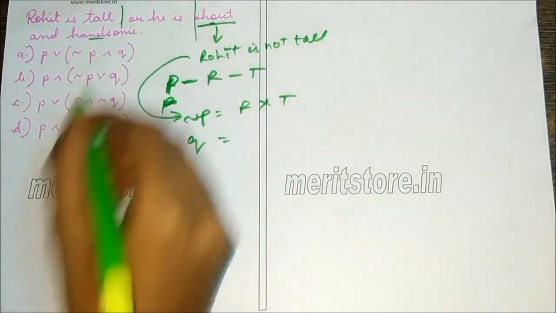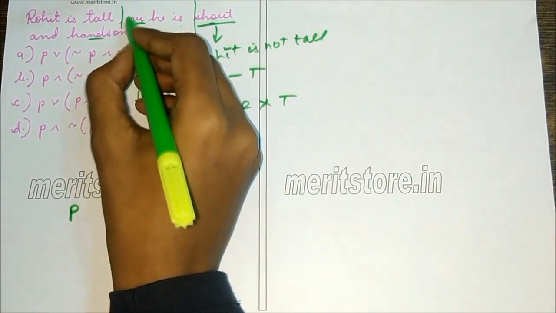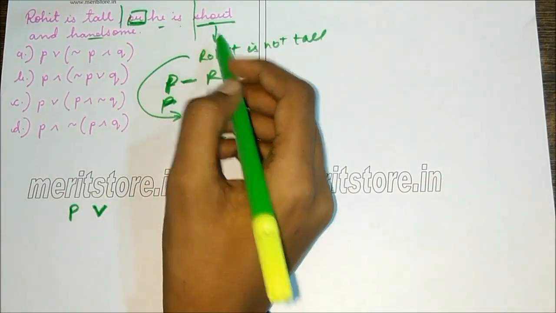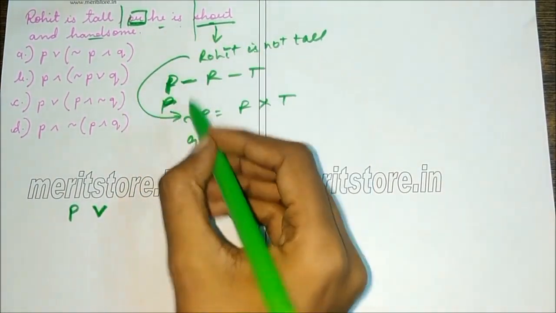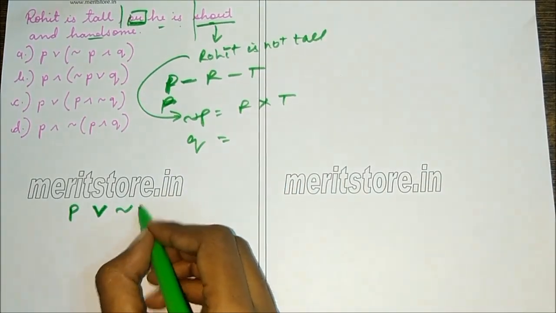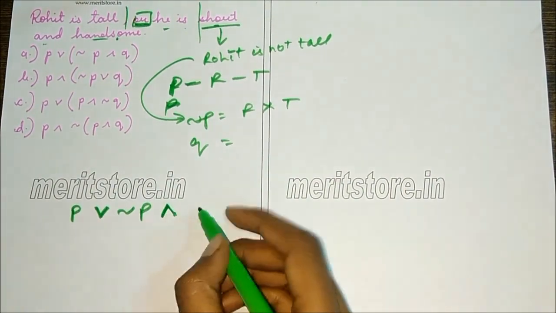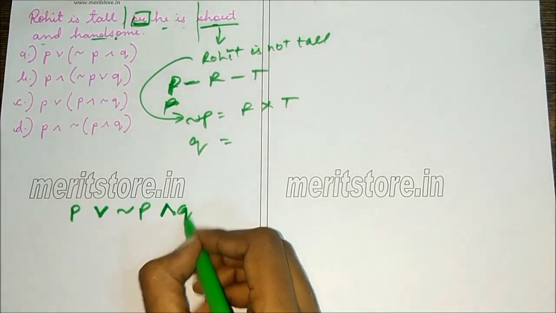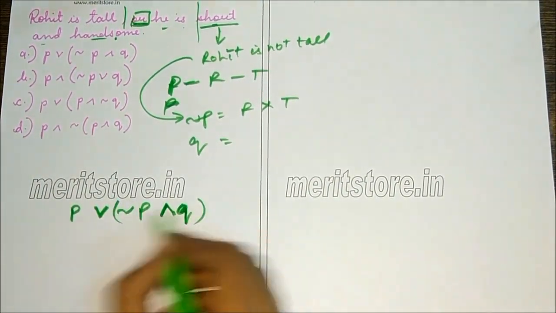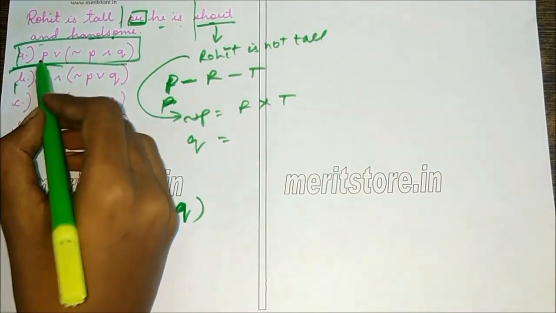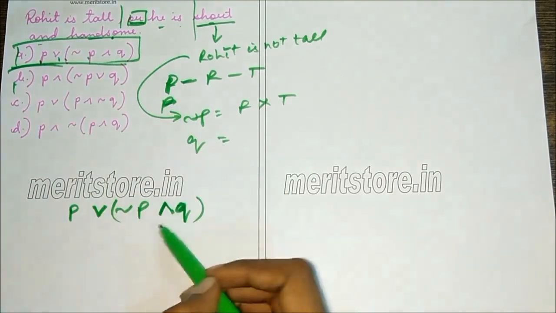First comes Rohit is tall, which is P. Or, so we use or. He is short means negation of P, and handsome means and Q. We put a bracket to separate this term. So the answer is B, P or negation of P and Q.